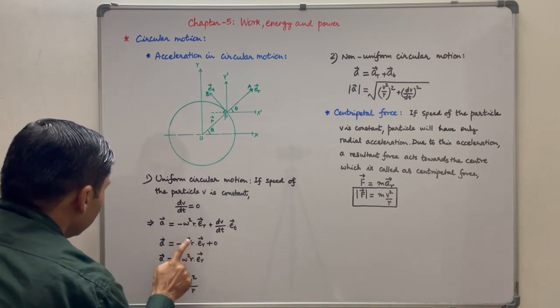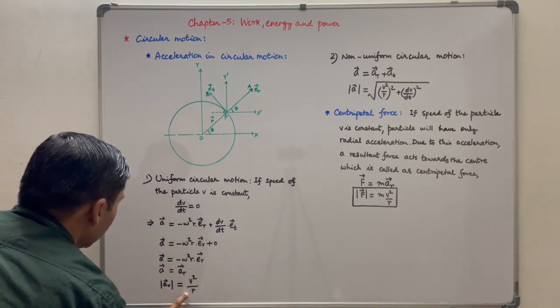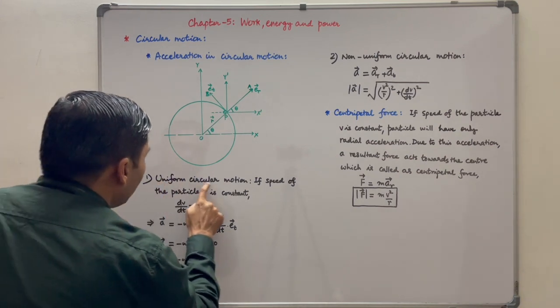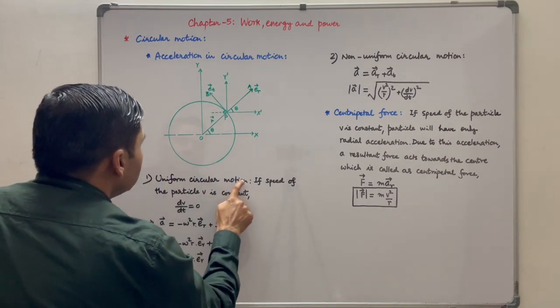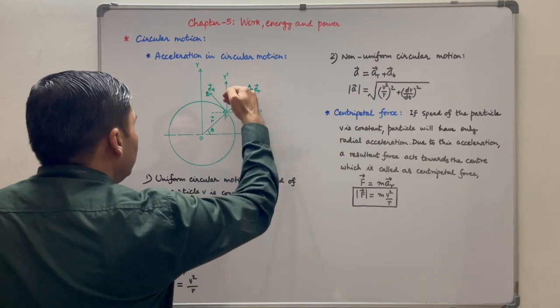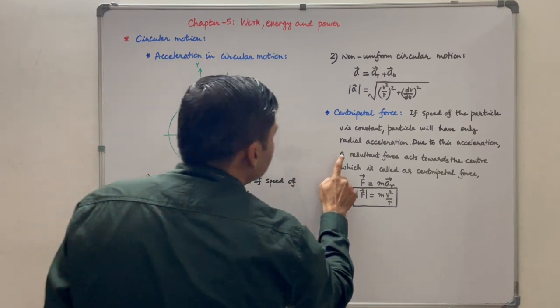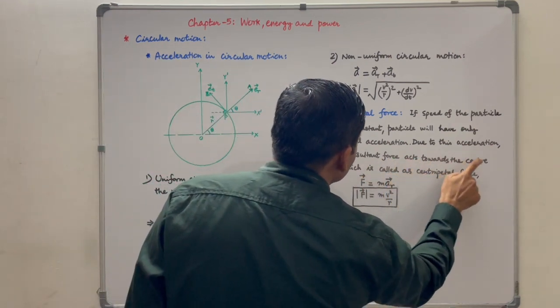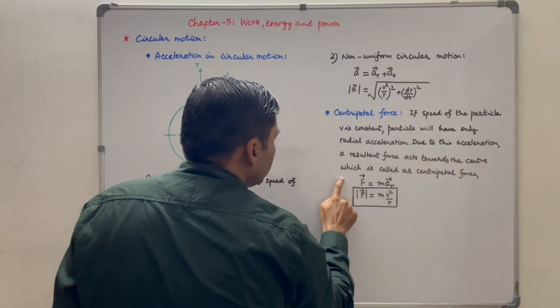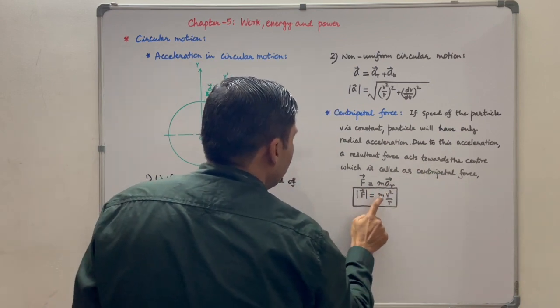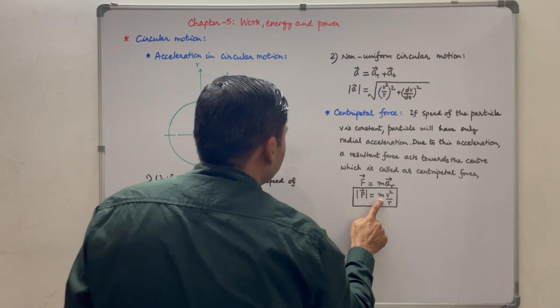Magnitude of radial acceleration is v square by r. Motion of the particle in this case is called uniform circular motion. Since particle is having only radial acceleration component, it will experience a resultant force acting towards the center. This force is called centripetal force. Magnitude of centripetal force is mv square by r.